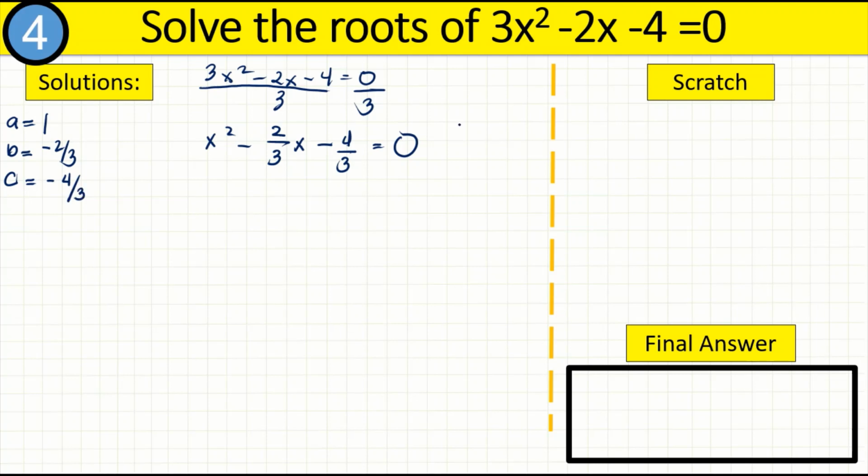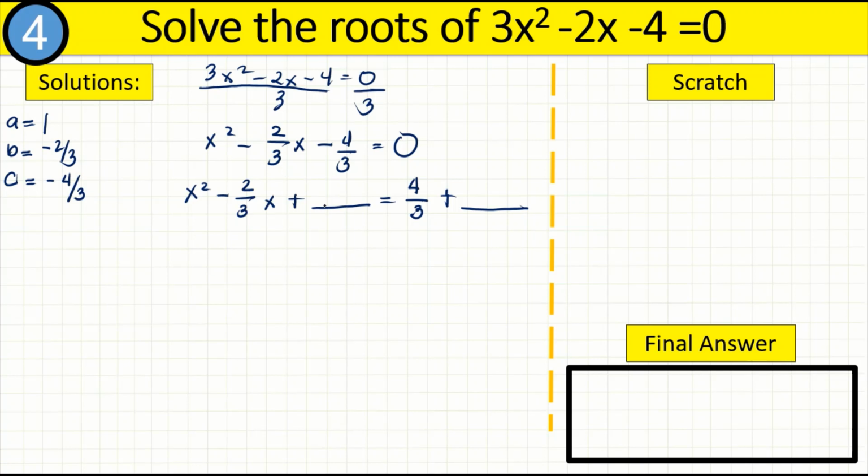Okay, after this, isolate the constant term and maglalagay tayo ng plus blank and plus blank. So, we have x squared minus 2 over 3x plus blank equals, okay, si negative 4 over 3 magiging 4 over 3 plus blank. Okay, naging positive dito sa right side.